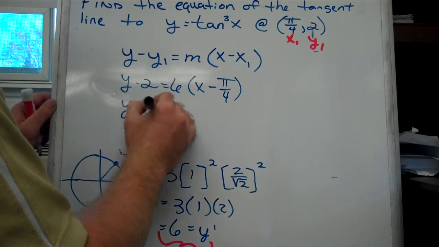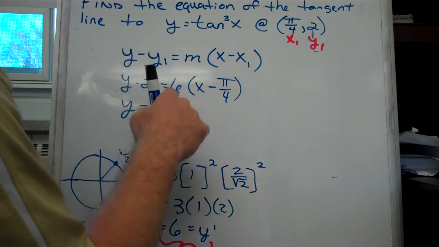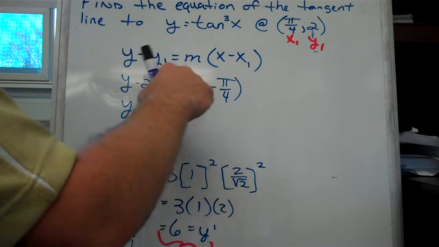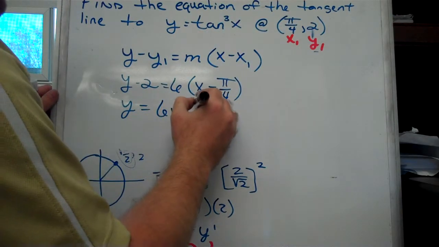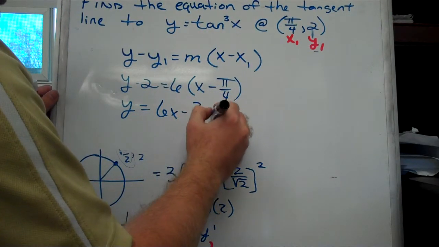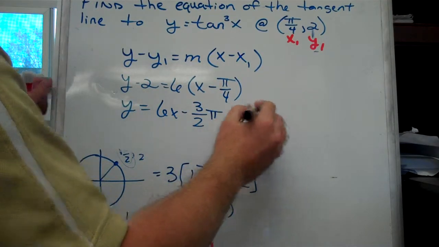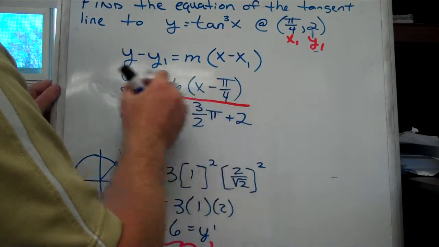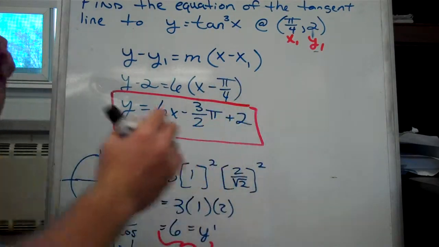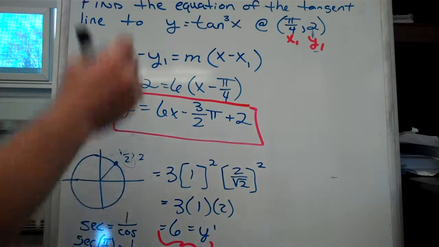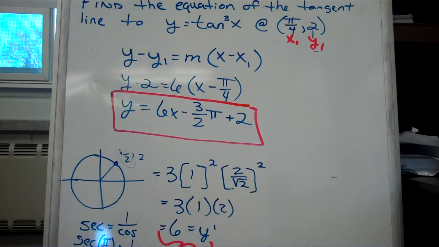Now I'm going to have y equals 6x, and 6 divided by 4 is 3 halves, so minus 3 halves pi. Then I add the 2 to both sides and get plus 2. So that thing there is the equation of the tangent line to the graph of y equals tangent cubed x at pi over 4, comma 2.